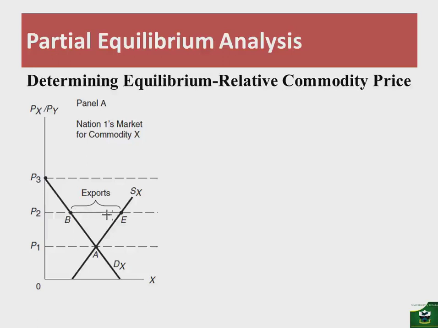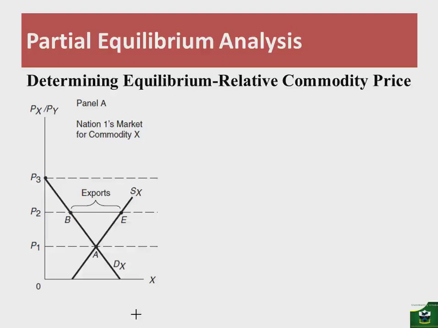Well, nation 1 will have to export the excess to the other nation, which is nation 2. Because it has produced more, all the excess will be exported, and then whatever remains will be consumed locally.